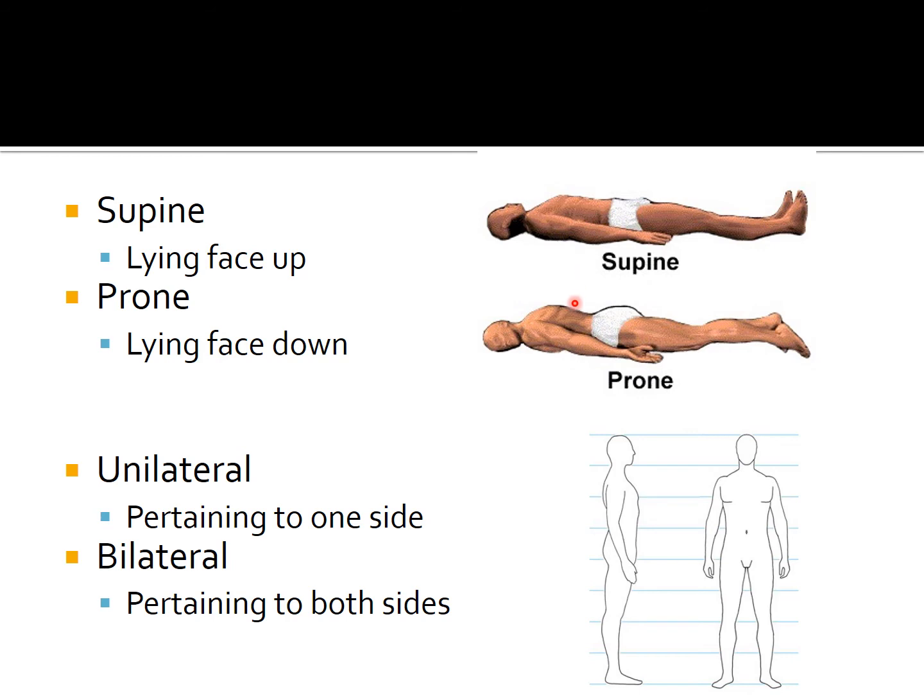What is unilateral? Unilateral means one side, pertaining to one side. Bilateral means present on both sides.